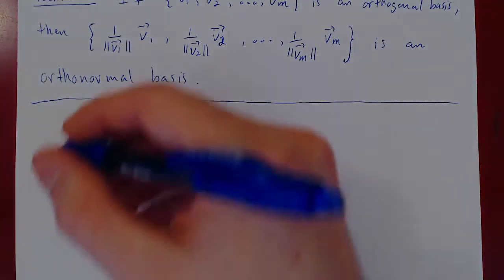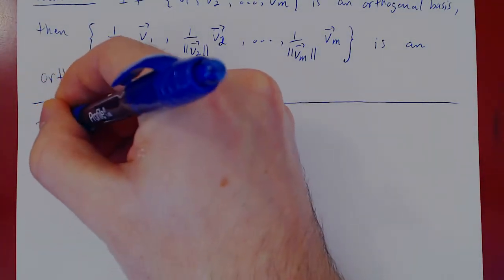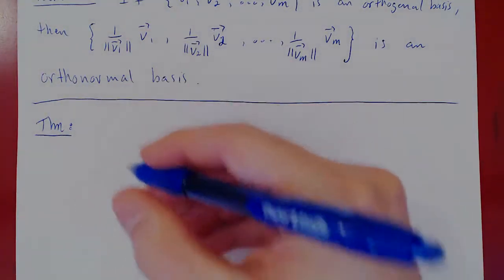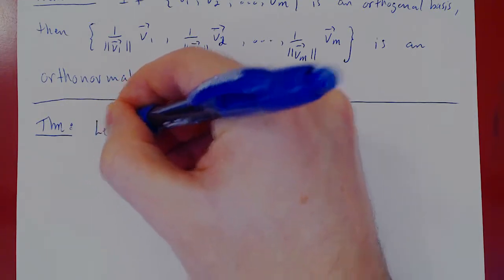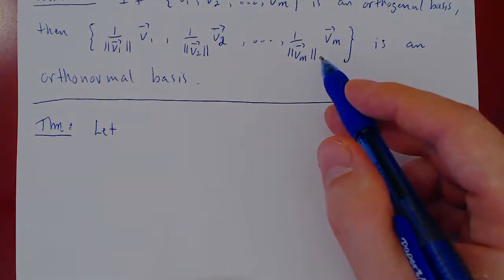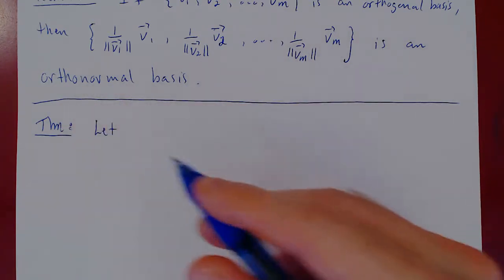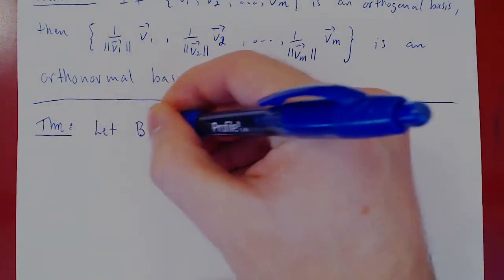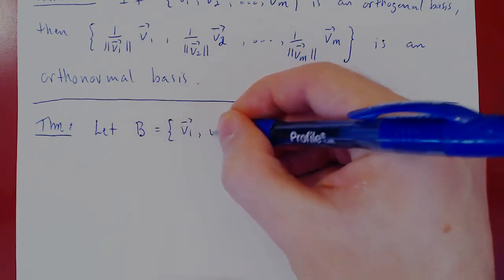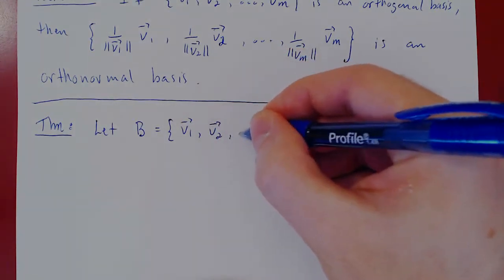It takes about 2 or 3 lines. So here's the theorem. We'll do it for an orthogonal basis. You can simplify the result if you have an orthonormal basis. But let B be an orthogonal basis of the vector space V.